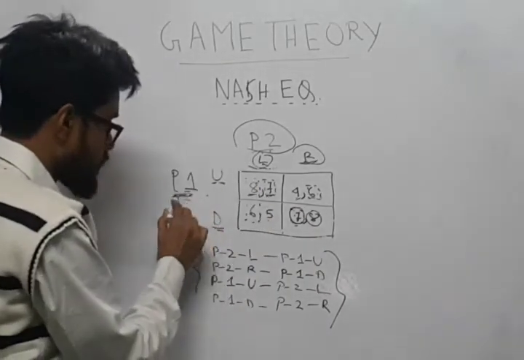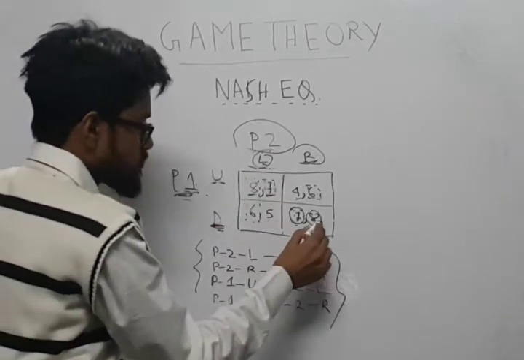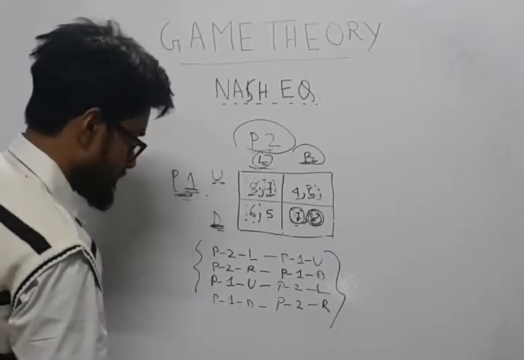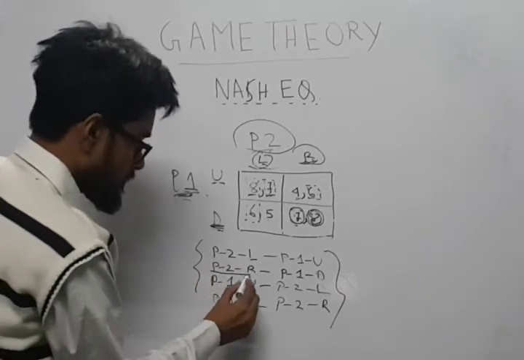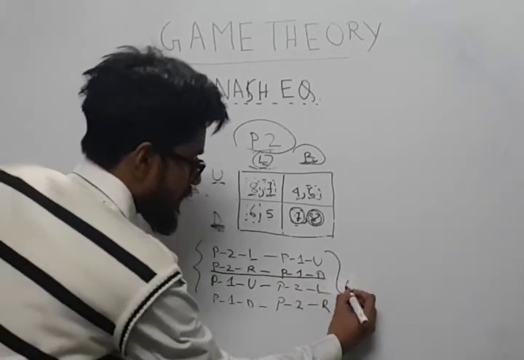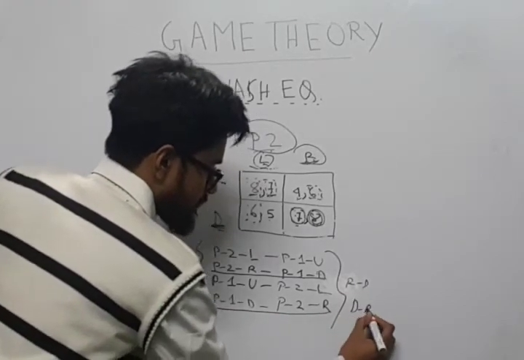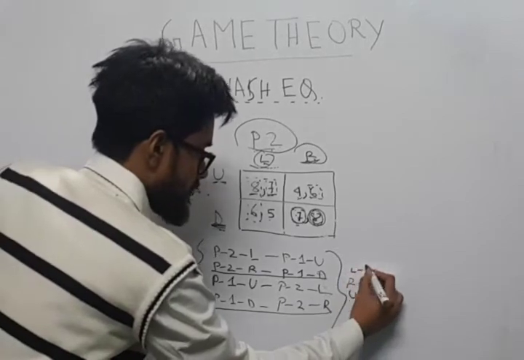When player 1 plays D, player 2 chose R. As you can see, 8 gives more utility. So here it is RD, and here it is DR, and in other cases it is UL and LU.